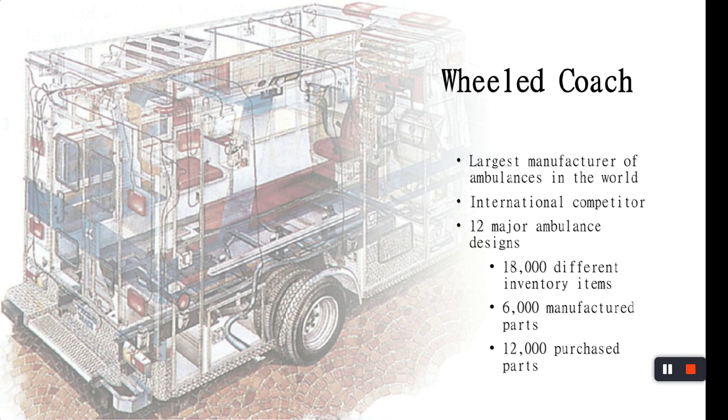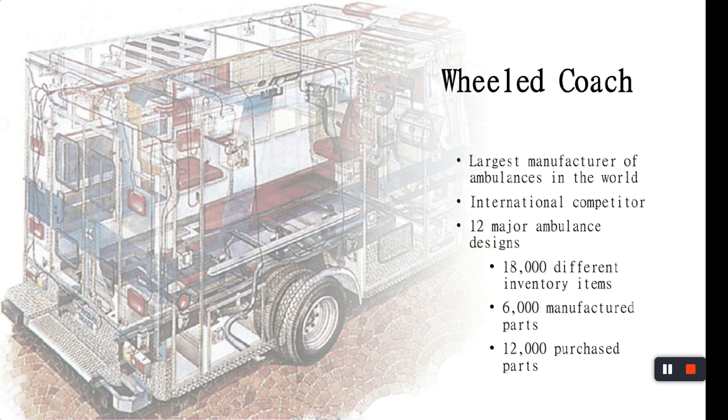So we need MRP. As a manager, I would suggest that the Wheeled Coach should use MRP so that we would eliminate the struggle of making decisions real time. The system will make the decisions for us.